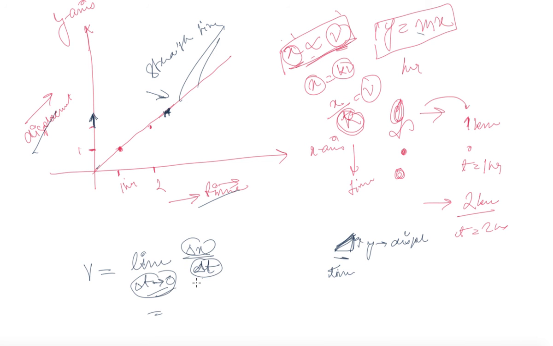This del x converts to dx for a very small distance, and therefore you may have seen velocity written as dx upon dt, which is your instantaneous velocity, and this comes from this particular derivation. Now similarly, let's talk about acceleration.